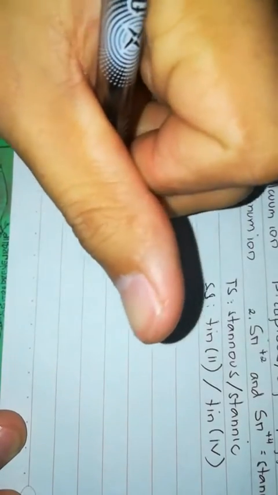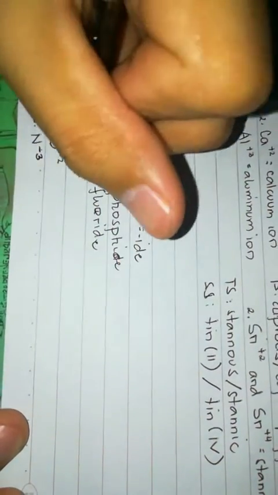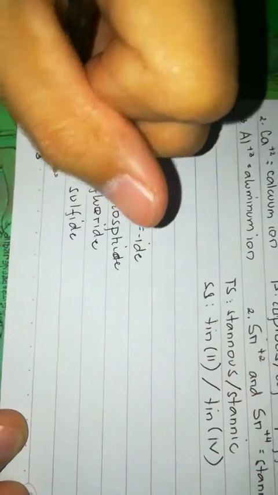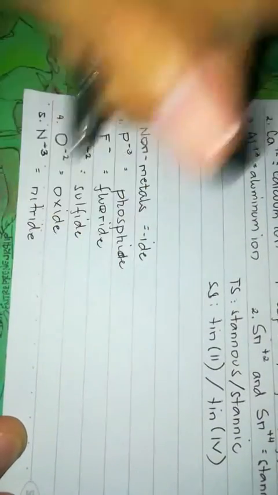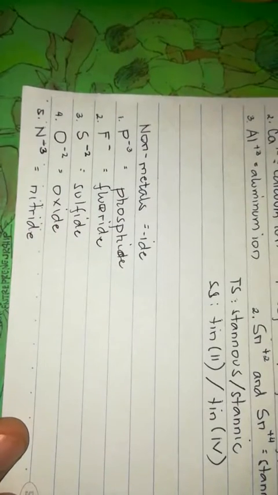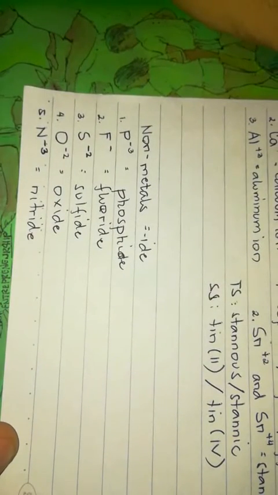And then, fluorine will become fluoride. Sulfur will become sulfide. Oxygen will become oxide. Nitrogen will become nitride. So that is how you name your non-metals. Papalitan lang natin yung kanyang dulo ng "ide".